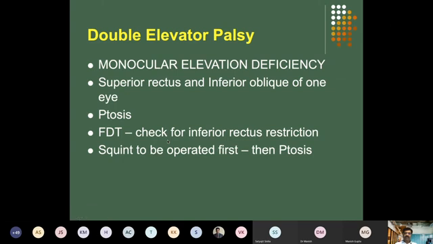So when you do the force reduction, there is no free upward movement of the eye. That confirms the diagnosis of inferior rectus restriction. And in these cases, first we have to correct the squint, because part of the ptosis gets corrected only with squint correction. So after squint correction, if there is ptosis, then we plan for a ptosis surgery.